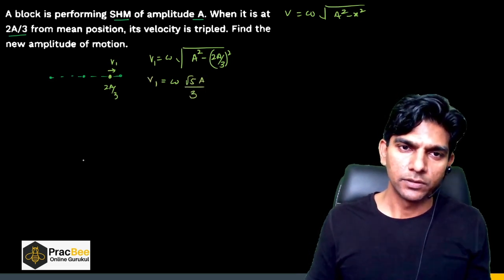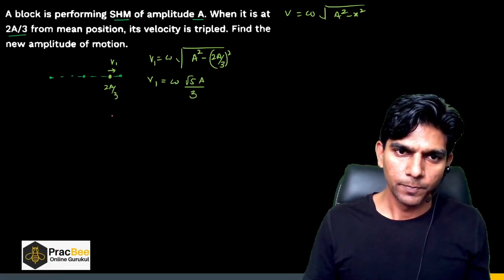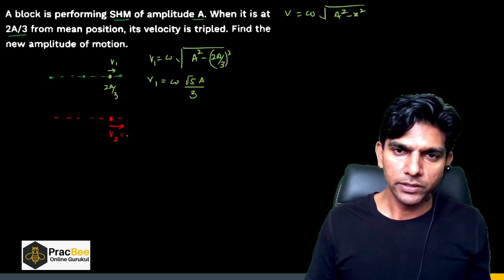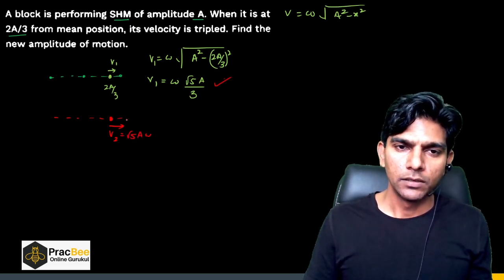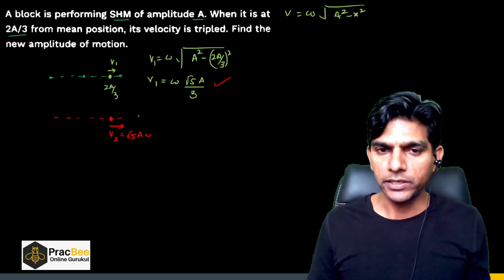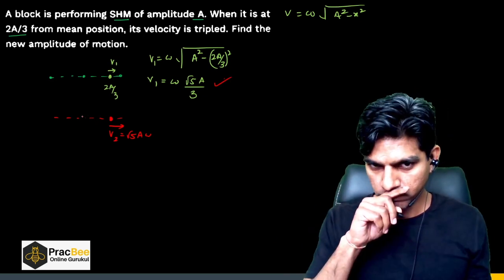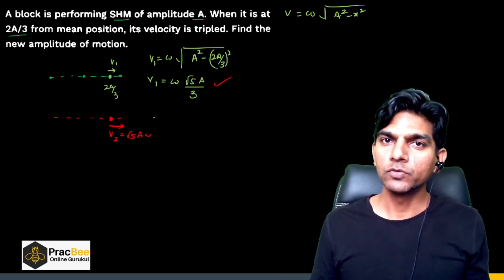So this is v1. Now what we have done is tripled the velocity. So this velocity has been tripled, so this v2 is root 5 A omega, 3 times of this, right? Now due to this, the amplitude will increase, but the angular frequency will not change, only the amplitude will change.